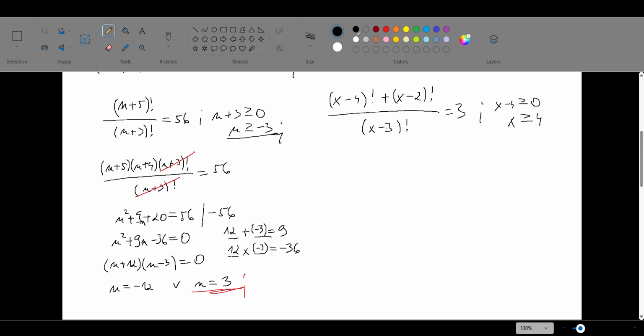Now, if you think about the expression on the left side of the equation, we know already from the previous video that we are looking for the smallest factorial that occurs in this fraction, and it is of course (x take away 4) factorial, so we remain with this as the first term in the numerator, and the second term must be expressed like (x minus 2) times (x minus 3) times (x minus 4) factorial over, and denominator (x minus 3) times (x minus 4) factorial must be equal to 3.